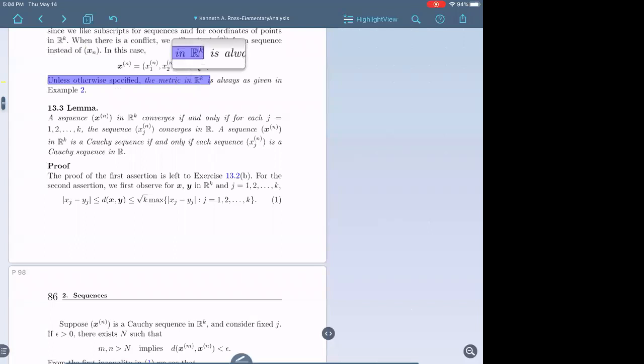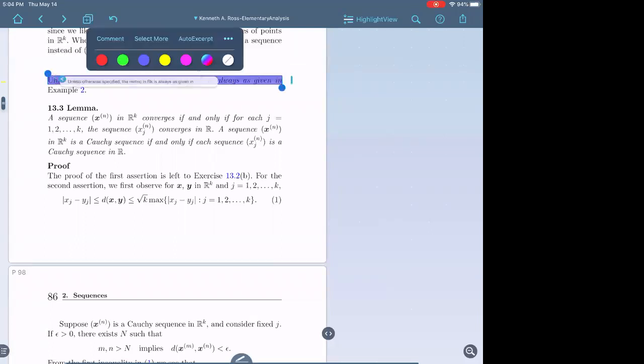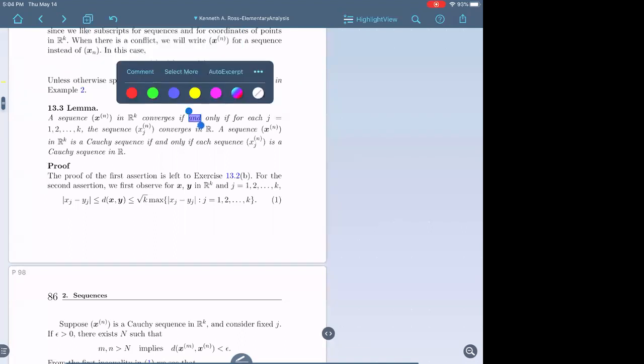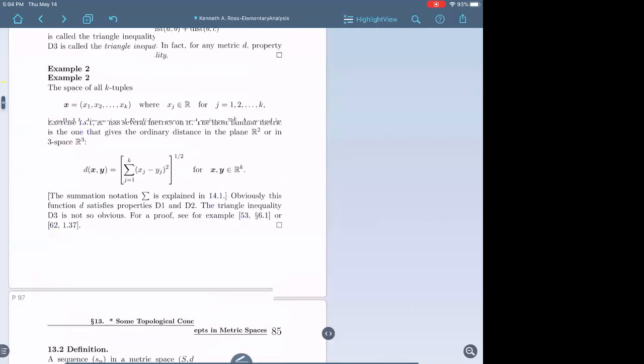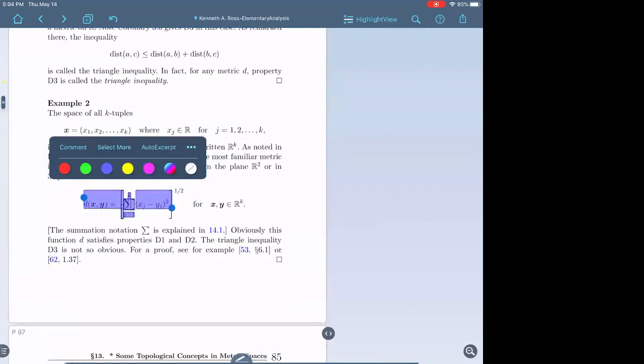The lemma doesn't state what metric they're using, and it turns out they only prove it for the metric given in Example 2. So they only prove it for one specific metric, and it's given by this one, right?